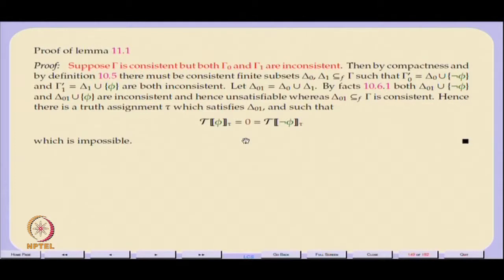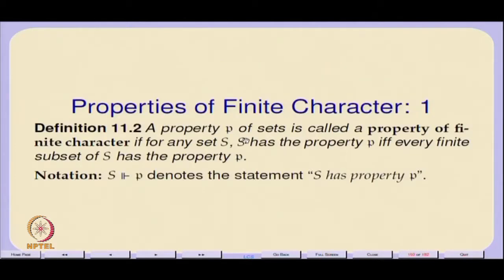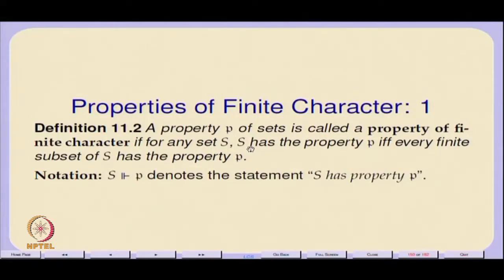Okay, the proof of that of course relies on the semantics and a proof by contradiction, and then we defined this general notion called a property of finite character. This comes from mathematics and has really got nothing to do with logic, but it is something that can be used in mathematical logic, because satisfiability or consistency of a set of formulae is itself a property of finite character, and that we get from the compactness theorem.